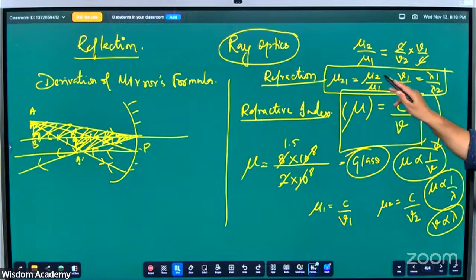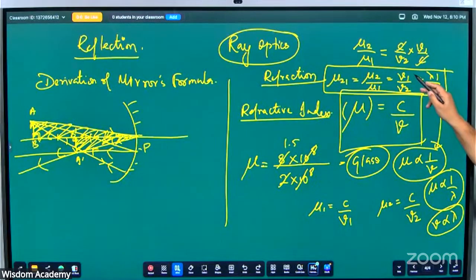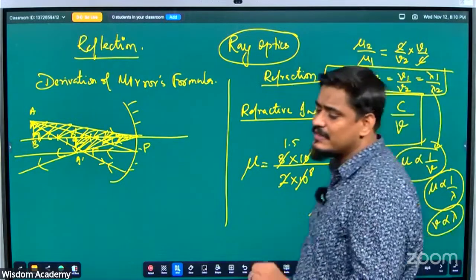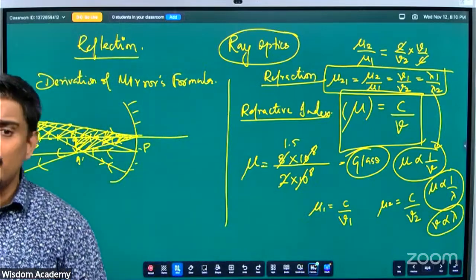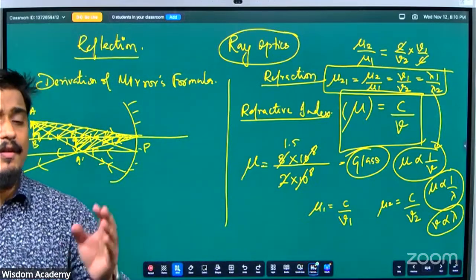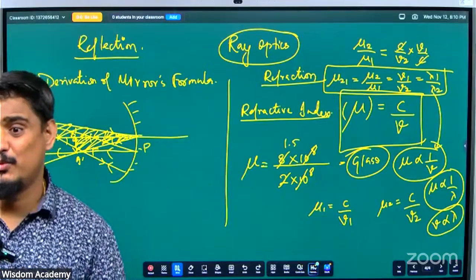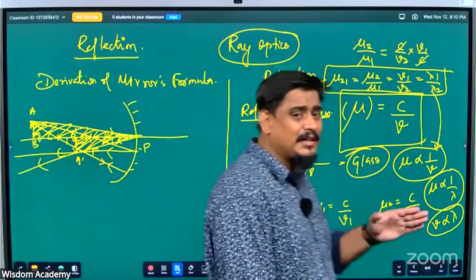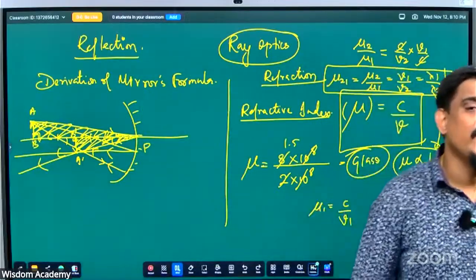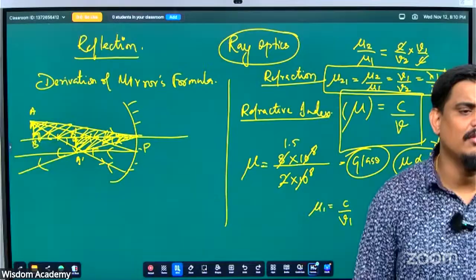Because mu2 by mu1 is V1 by V2, mu2 by mu1 is lambda 1 by lambda 2, but V1 by V2 is lambda 1 by lambda 2. From there, you're understanding that the refractive index and velocity are inversely proportional. Refractive index and wavelength are inversely proportional. But wavelength and velocity are directly proportional. It means that if the refractive index is going to increase, wavelength is going to decrease, or vice versa.